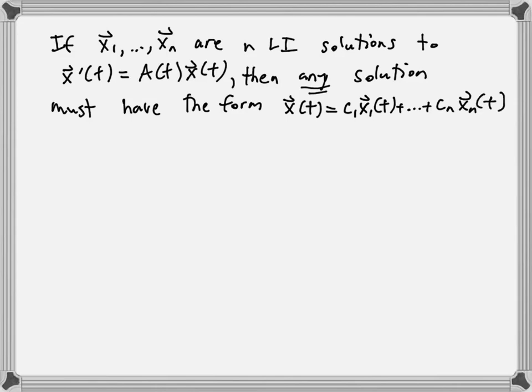Okay, so once you find the n linearly independent vector functions, then any linear combination of them forms a solution, and so that is the general solution.